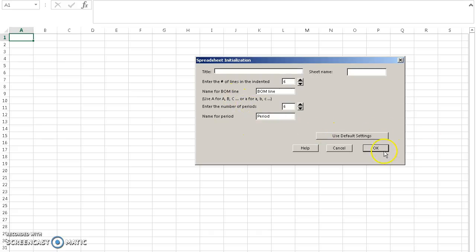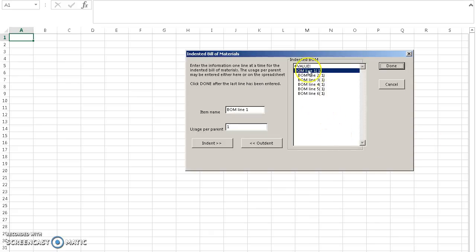And we'll name that period. Click OK, and it'll line this up for you in QM for Excel. Our first one is BOM, or bill of materials, P, and there's only one parent to that. That's our primary here, so we don't need to outdent or indent that.